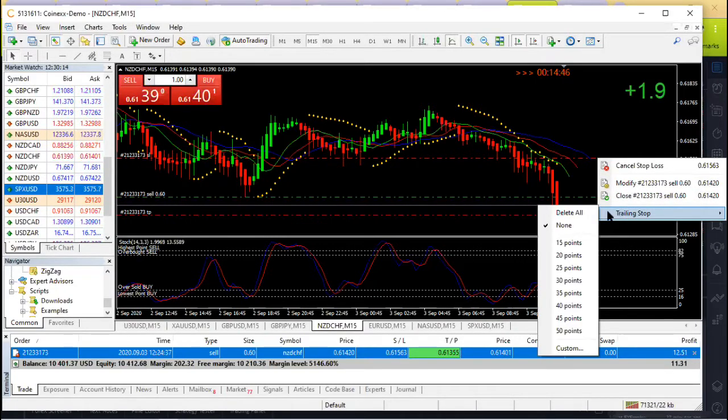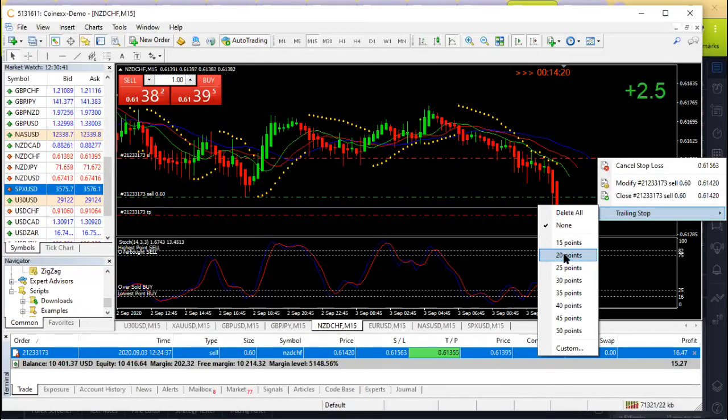If you select that, you will see 15 points, 20 points, 25 points. Well, points and pips are a little different, okay? So pips convert to 1.5, so 15 points is 1.5 pips. 20 points is 2 pips.